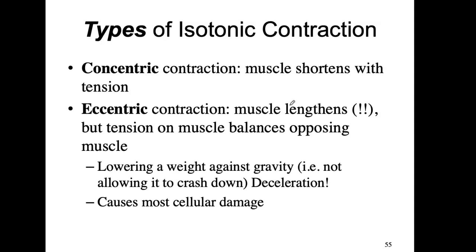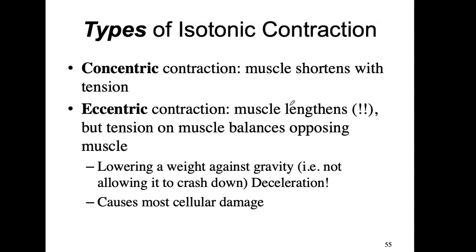Therefore, it's an eccentric contraction because it's stretching, but you're doing it in a controlled manner. We believe that when there is pain from excessive workouts, most of that cell damage is done during eccentric contractions, the ones that are trying to hold that contraction without you slamming into the table, because you're holding it in place.